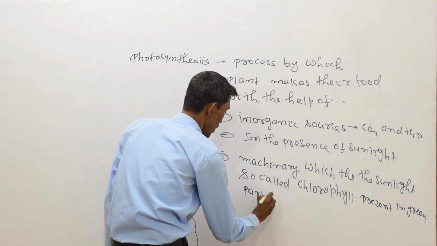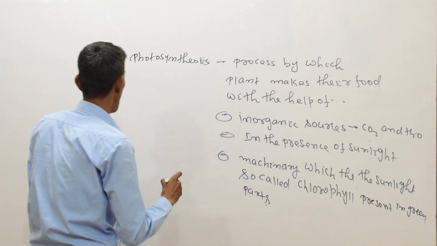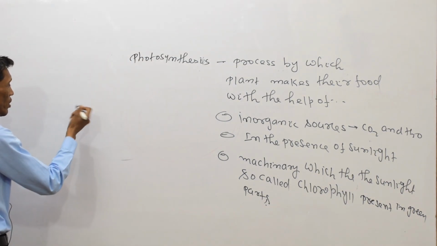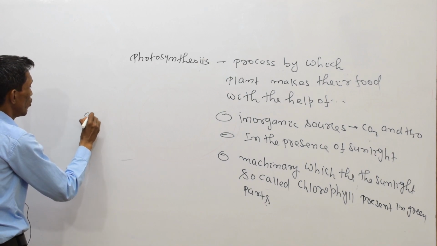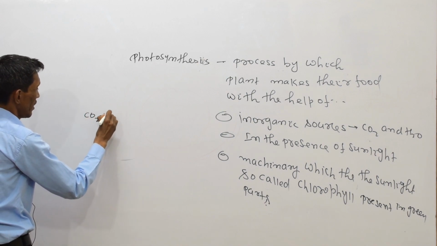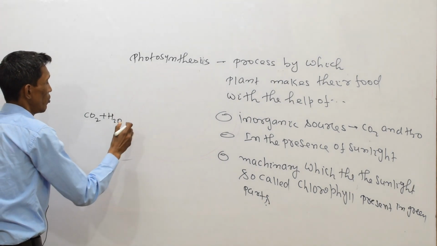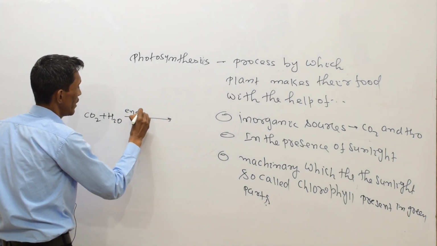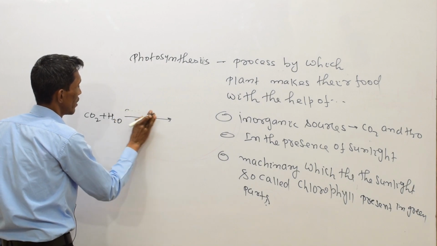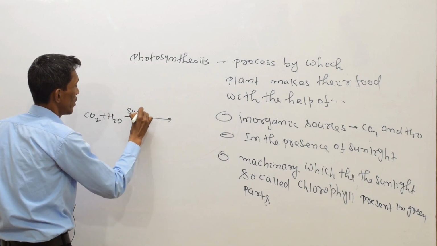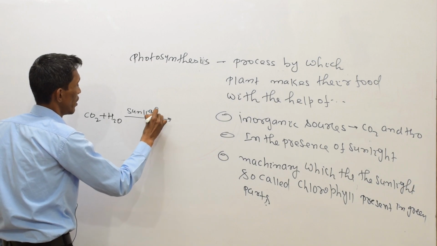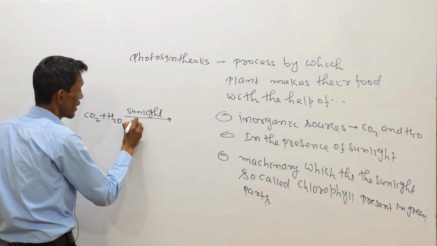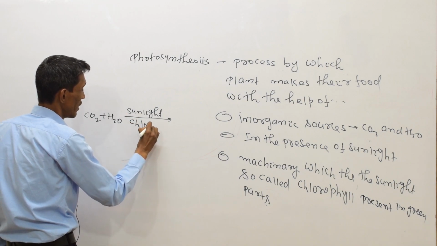Okay. And you write a very familiar equation: CO2 plus H2O, and here you put the energy, sunlight energy. And for trapping sunlight there must be a machine, that's called chlorophyll.